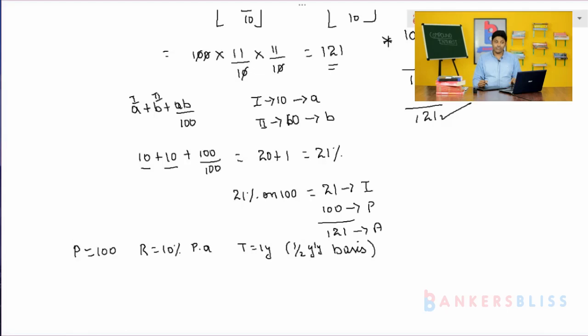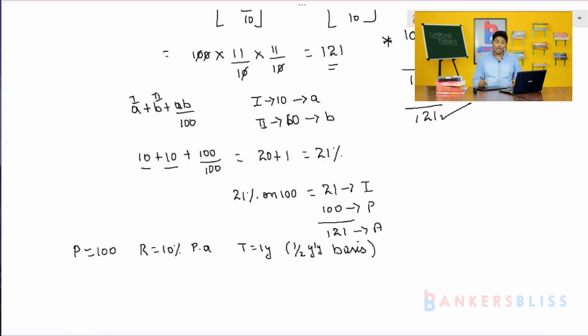But if we use 10% rate of interest for each and every calculation, the answer we are going to get is not the right one, because 10% for a year means for half year it is 5%. So for the first half year 5%, second half year 5%, third half year 5%, fourth half year 5%.